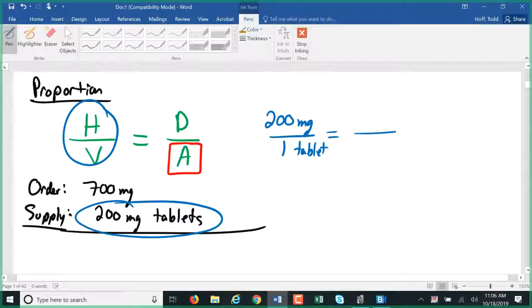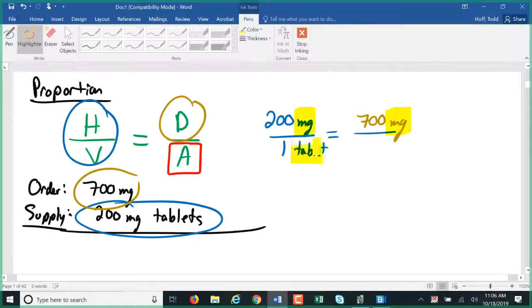The other side of this equation, the doctor's order, is the 700 milligrams. In this proportion, whatever units are on top on one side have to be on top on the other side, and whatever units are on bottom on one side have to be on bottom on the other side. So the other side is going to have to be tablets.